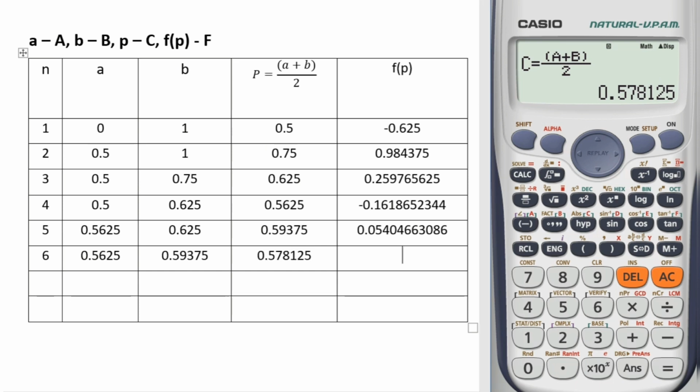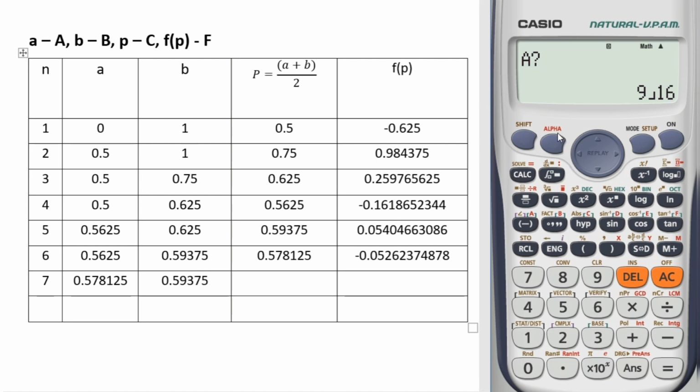Then we have 0.578125, and again equal button, then we have a negative value, −0.05262374878. In the seventh iteration our root is between 0.578125 and 0.59375, because here the value is negative, so we enter the new value for A, 0.578125, and B stays the same, 0.59375.